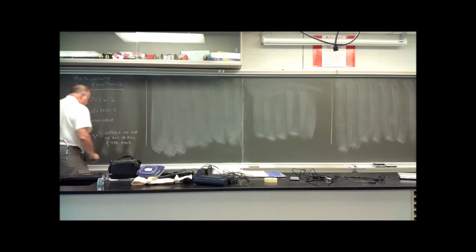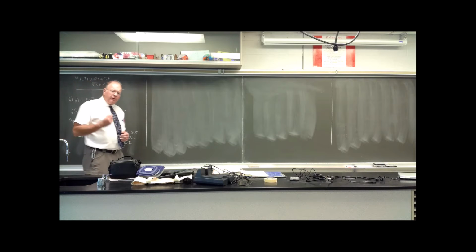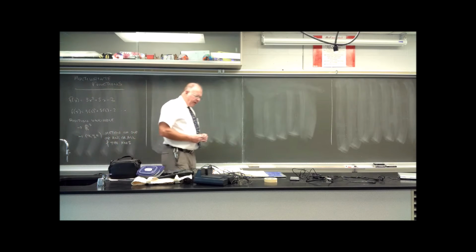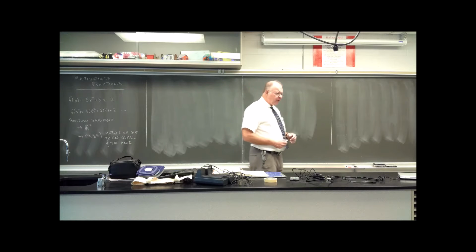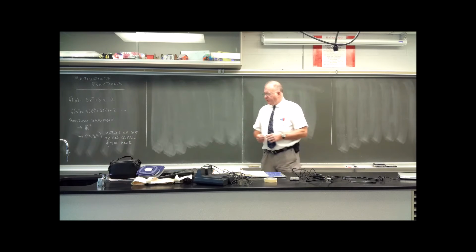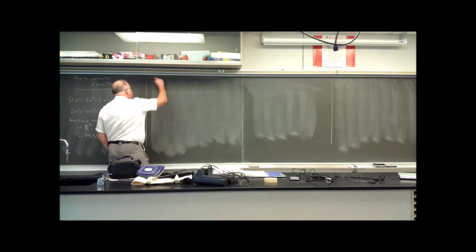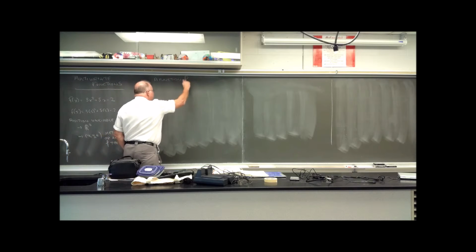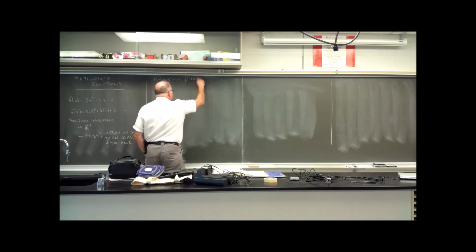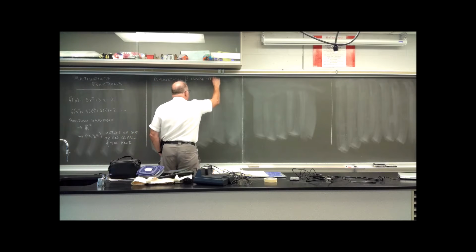And so what we're doing here is to think about how we model that, how we can use our mathematical constructs to describe these things. And so we're talking now about a function of more than one variable.